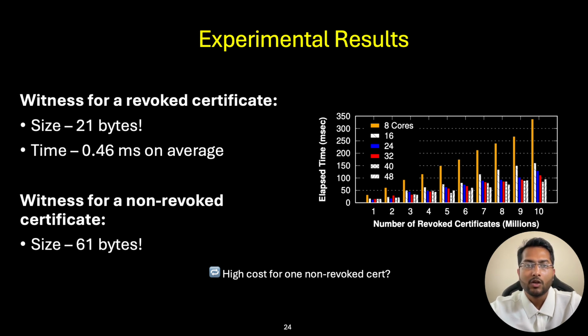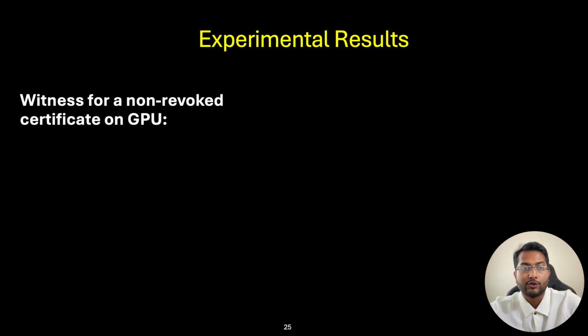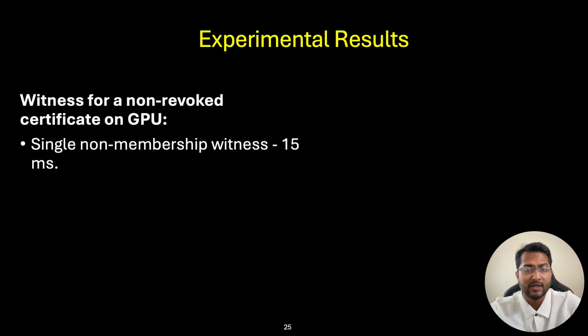So we thought of using GPU, and just to mention, Cloudflare actually offers GPU services, and Cloudflare can be used as edge compute providers in our AccuRevoke system. In order to generate a witness for a non-revoked certificate on GPU, it took around 15 milliseconds.